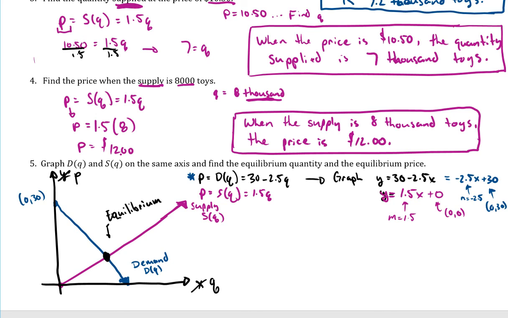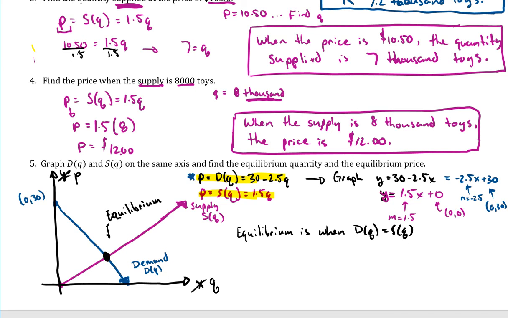And so to figure out what the equilibrium price is, we just need to set the two equal to each other, because that's where the two lines are equal. So let's go ahead and set our two equations equal to each other. Equilibrium is when D of Q equals S of Q.